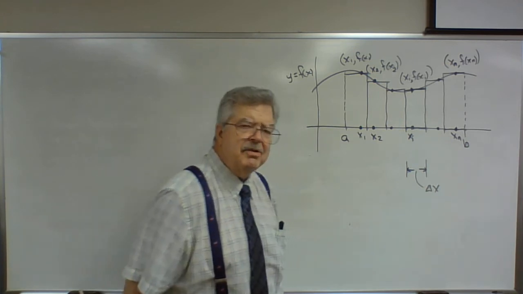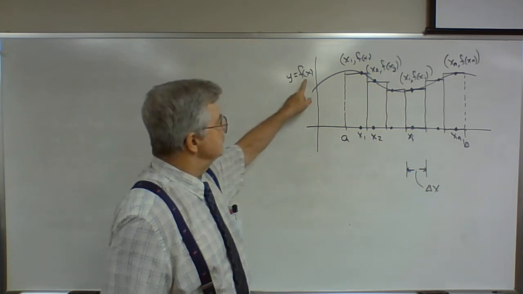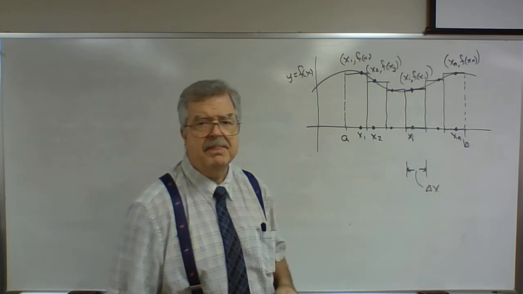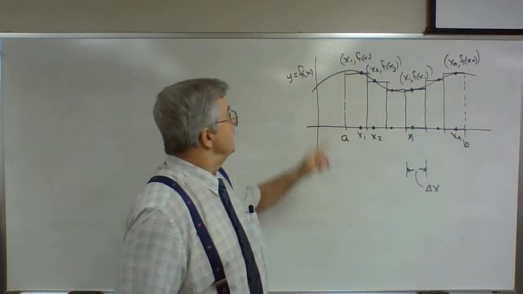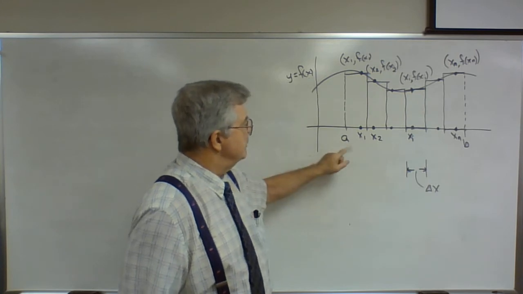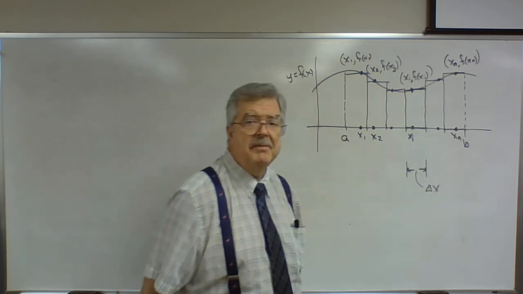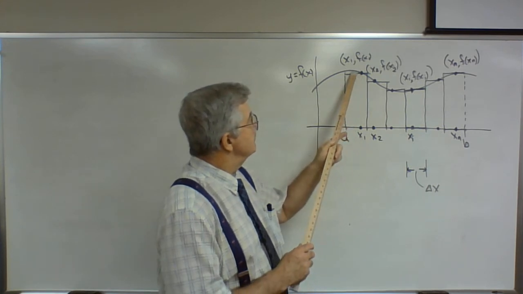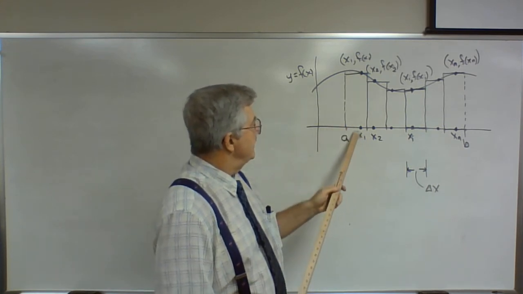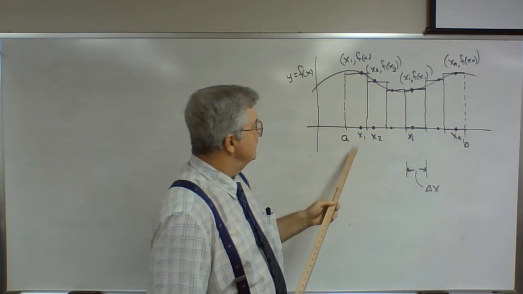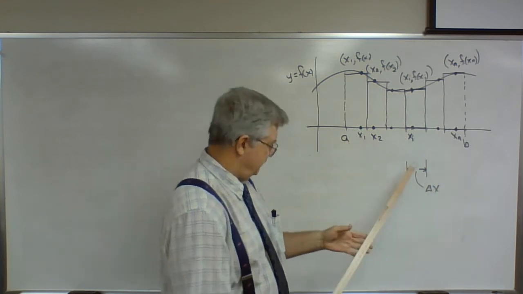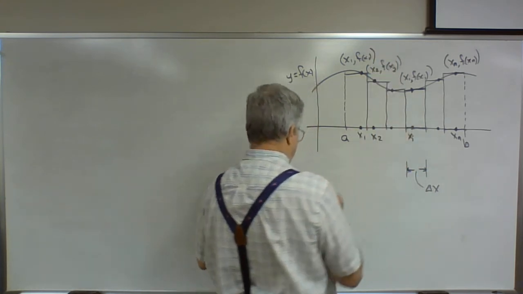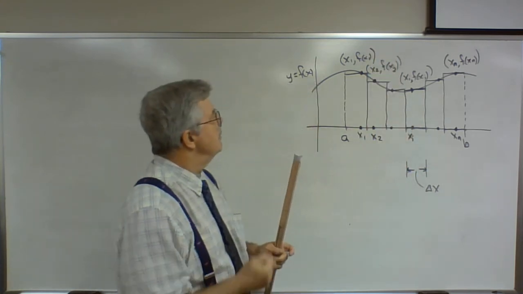And after we filled this region up with rectangles, we said, you know what? We're trying to compute the integral of f of x from x equal a to x equal b. And the integral of f of x from x equal a to x equal b is just the area bounded by the graph of f of x and the x-axis from x equal a to x equal b. And we said, you know what?